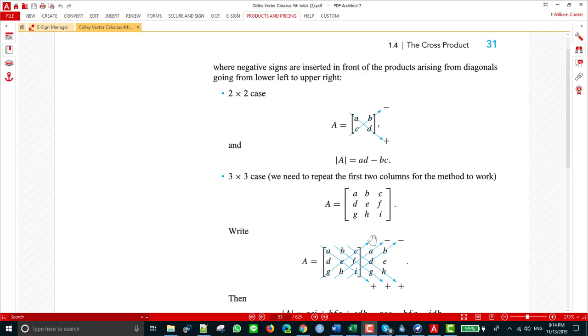In this case, you want to be able to write the diagonal through here, so you're going to need an extra column to finish this one off. And then a diagonal down here means you're going to need yet another column. So what do you put in this column? You just repeat this one over here and this one over here.